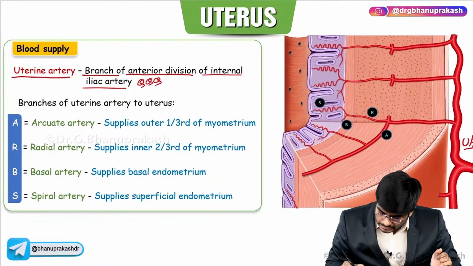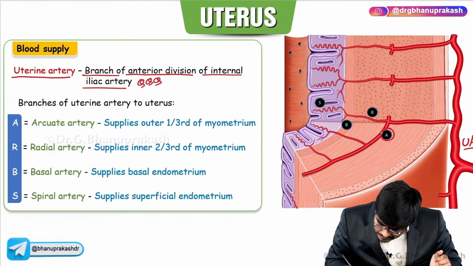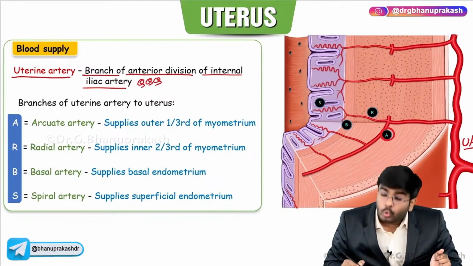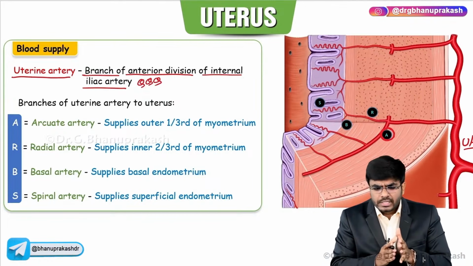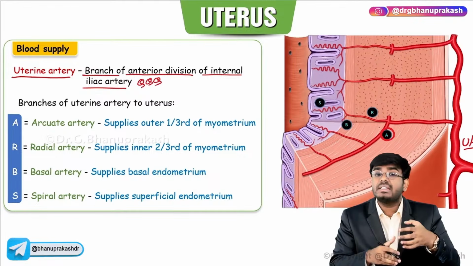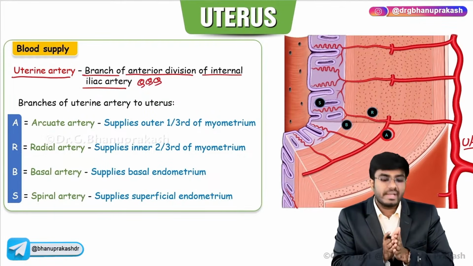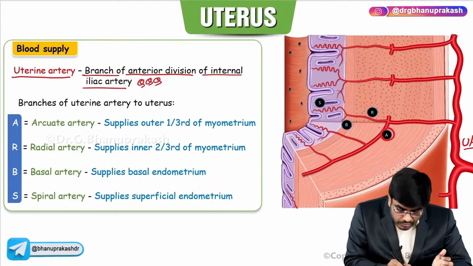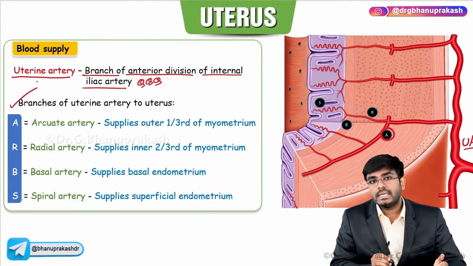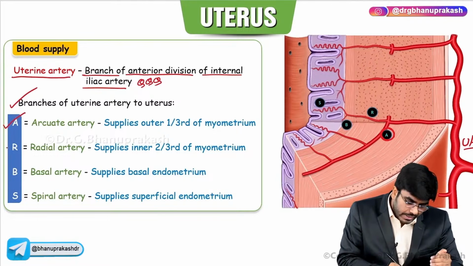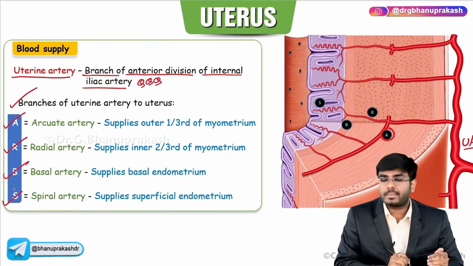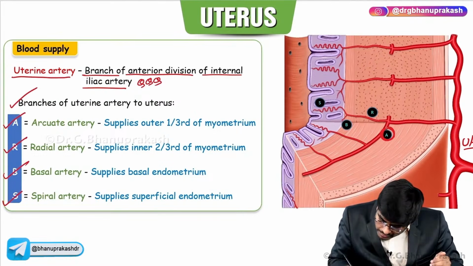Now you can see this A is nothing but the arcuate artery, which means the uterine artery is further dividing. There are certain branches of the uterine artery. Let's see what they are. The mnemonic is ARBS: A-R-B-S. The arcuate artery, this arc kind of thing.